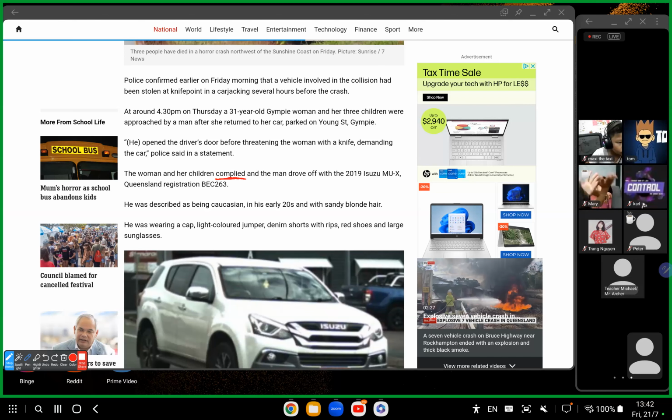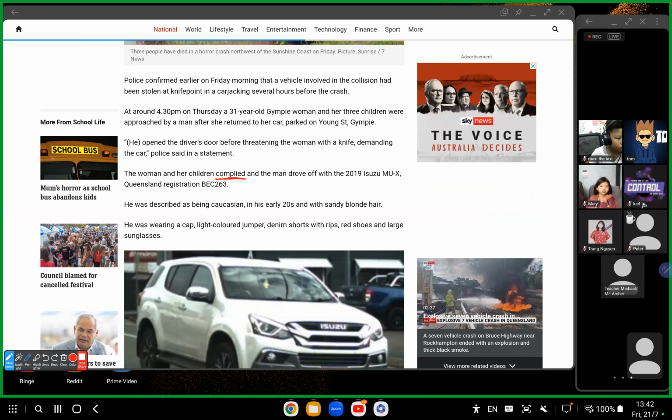It almost means to obey an order, like you're forced to, you didn't have a choice to do it. So complied is a good example of emotive language, powerful words.